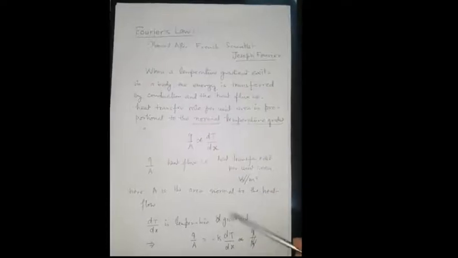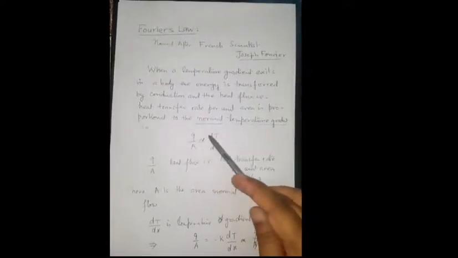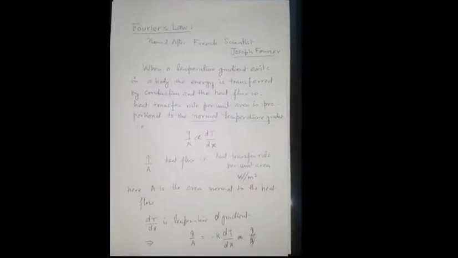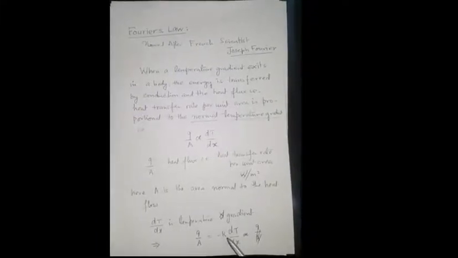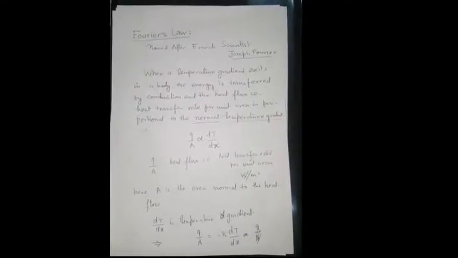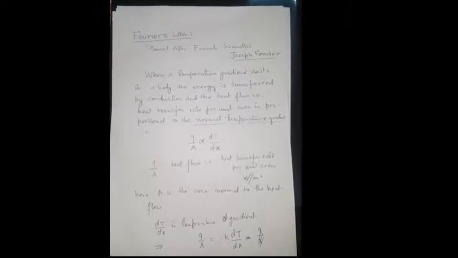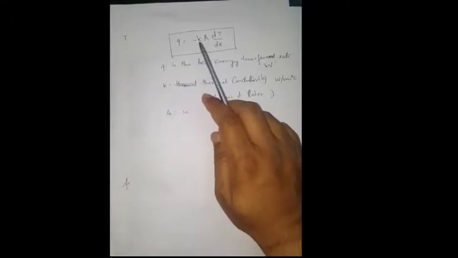Now to remove this proportionality, we use the thermal conductivity, which is K. K is the thermal conductivity, and it replaces the proportionality constant. After replacing it, we get Fourier's law in this form: Q is equal to minus K A dT by dx.